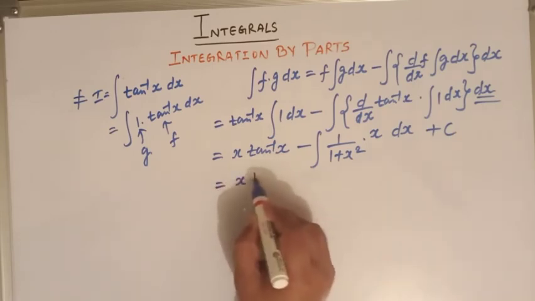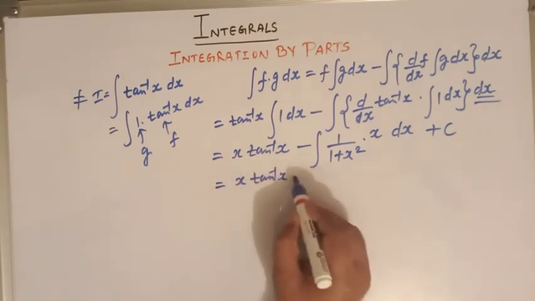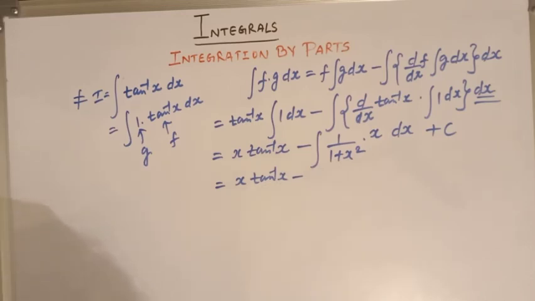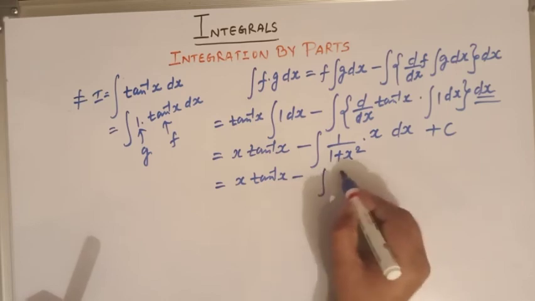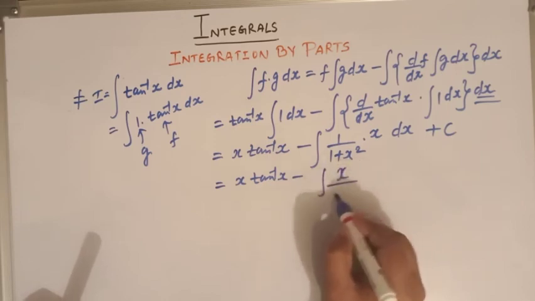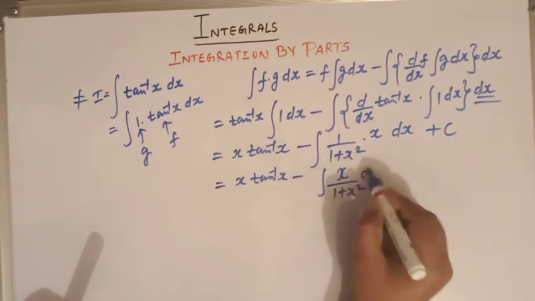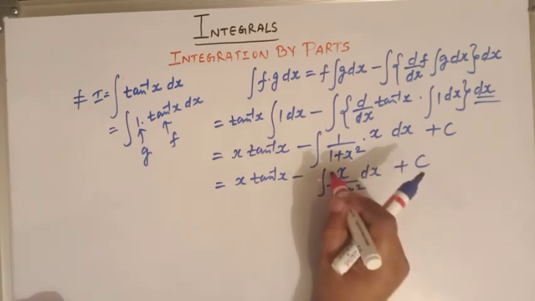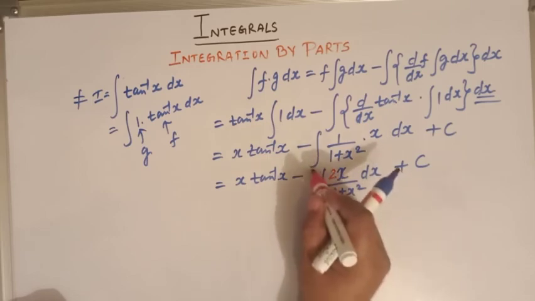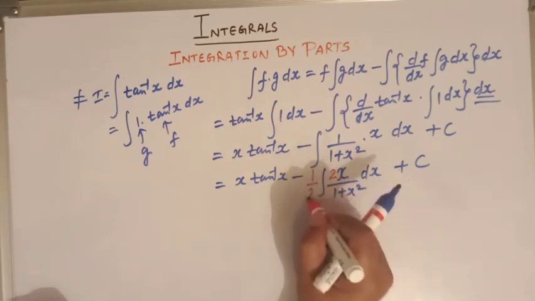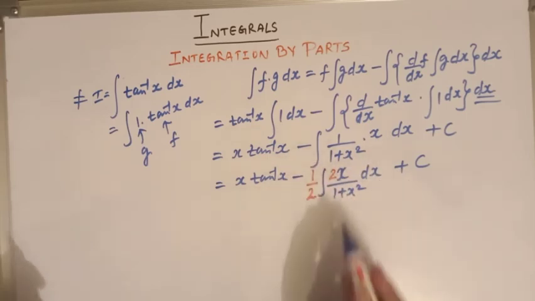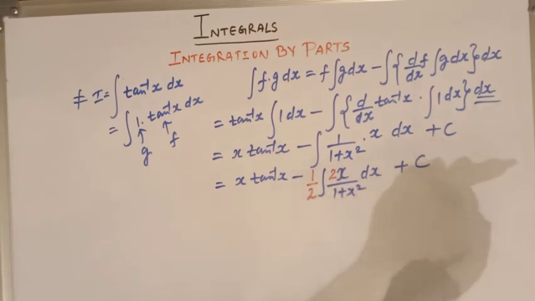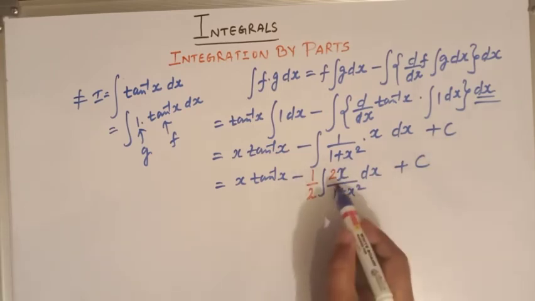So this is x tan inverse x minus the integral of x over 1 plus x square dx plus c, and if I multiply the numerator by 2 and the denominator by 2, it doesn't make any difference, because 2 and 2 get cancelled.